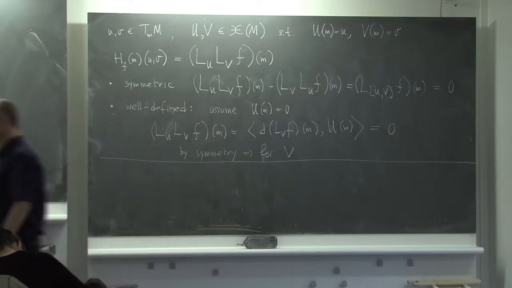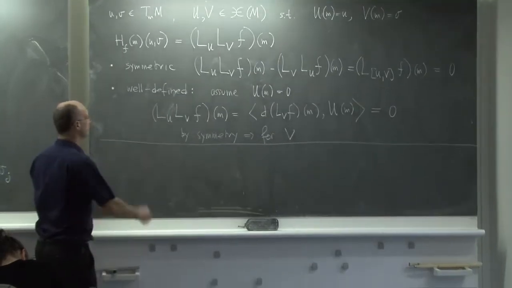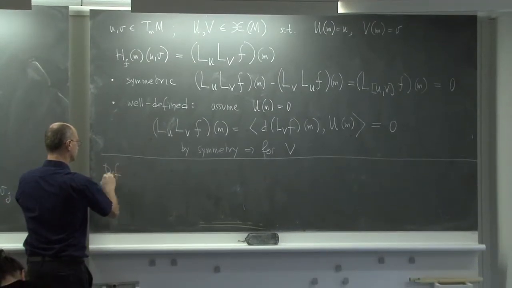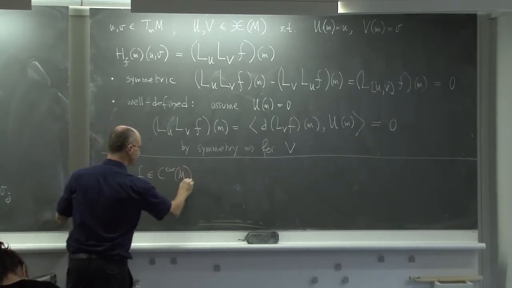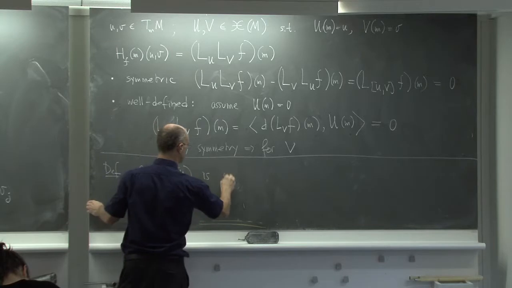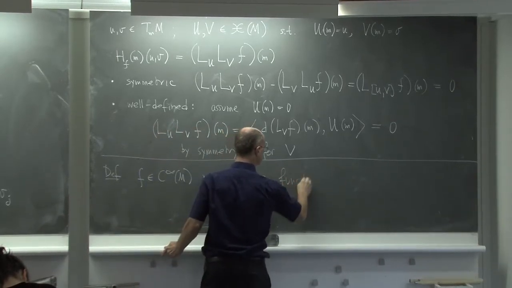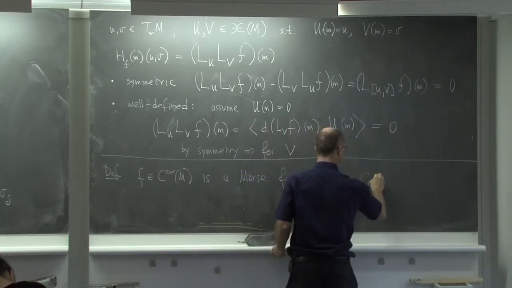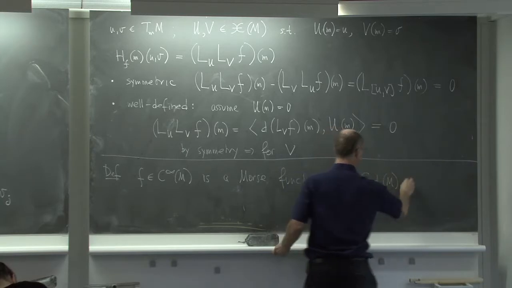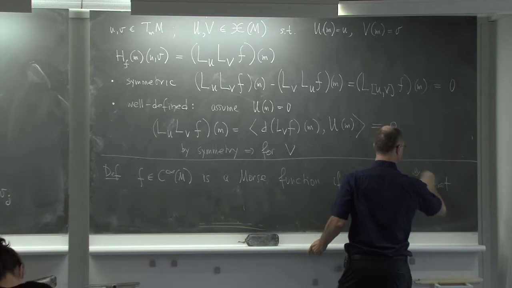Okay. So now a couple of definitions. A smooth function f on M is a Morse function if the critical set Crit(f) is a discrete set.